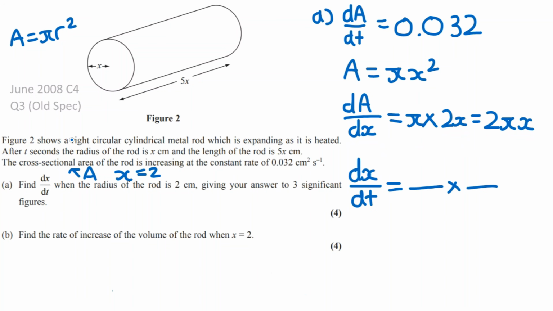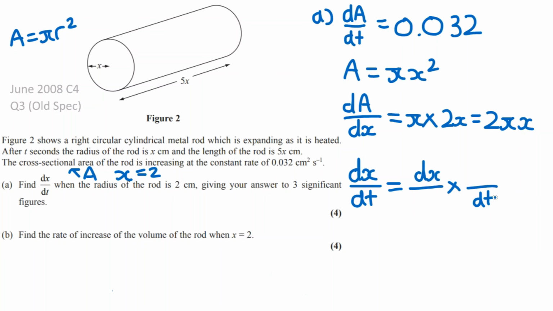So when we look at what we need, which is dx over dt, we want to multiply two differential equations together. In the numerator of one we want dx, because we want this at the end, and in the other we want dt in the denominator.